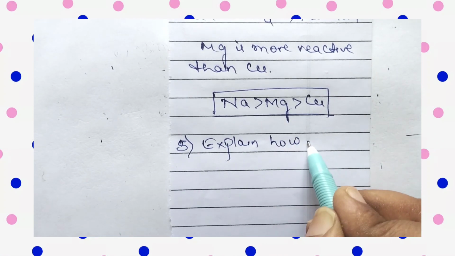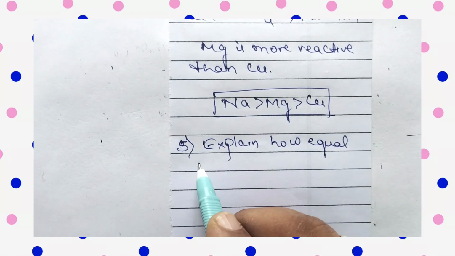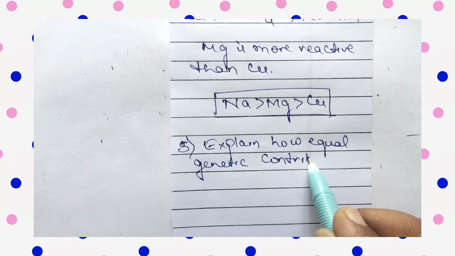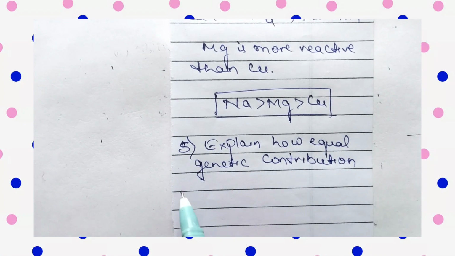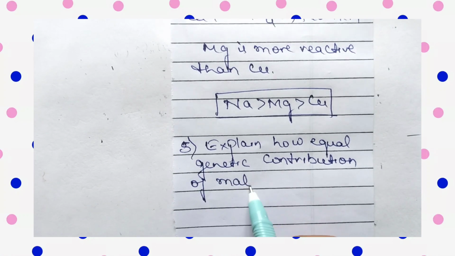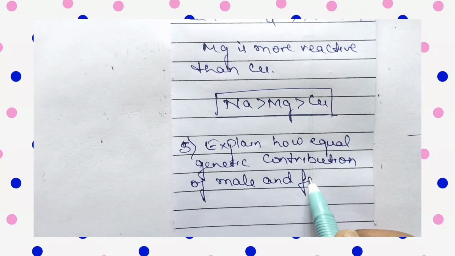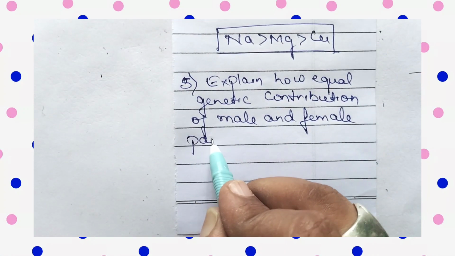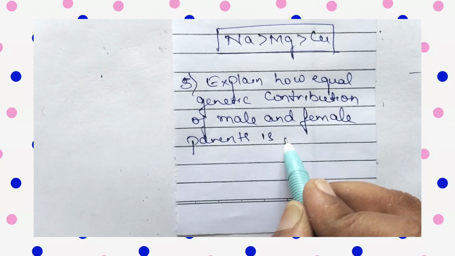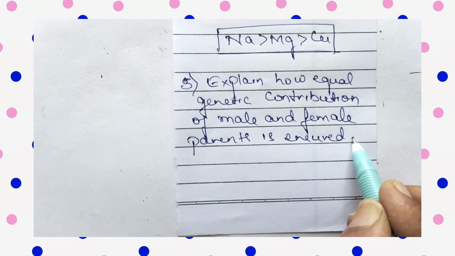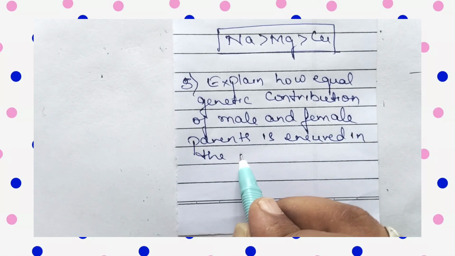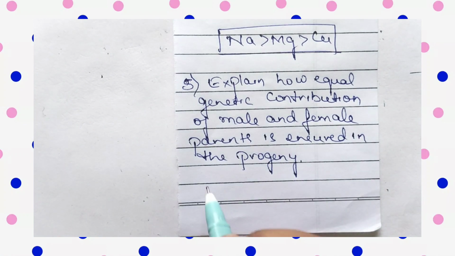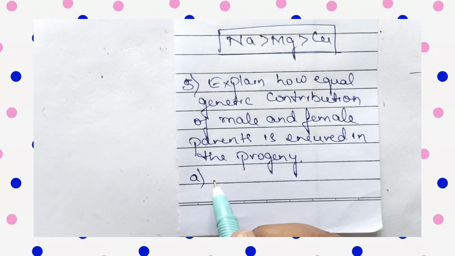Explain how equal genetic contribution of male and female parents is ensured in the offspring or progeny. Now let us answer this question. So let us answer point wise.